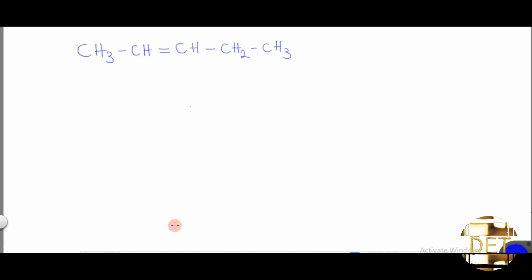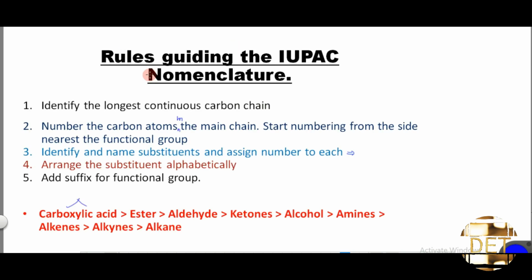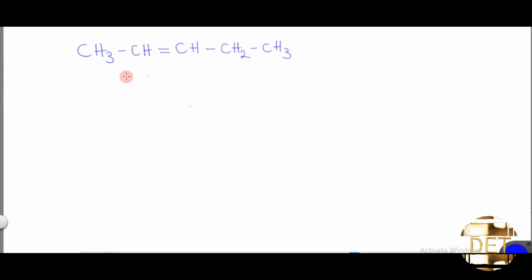So let's look at this example. What is the IUPAC nomenclature of this organic compound? The first rule is to identify the longest continuous carbon chain. So this is the longest continuous carbon chain.